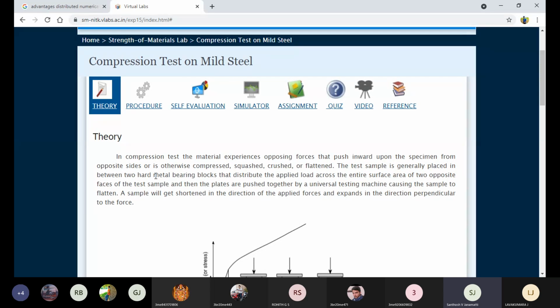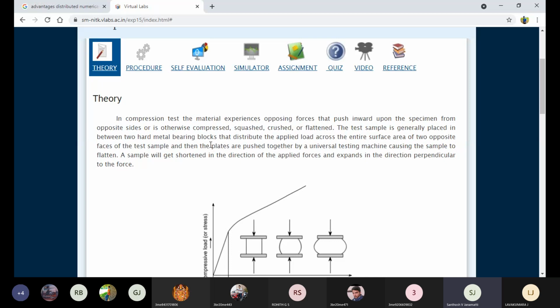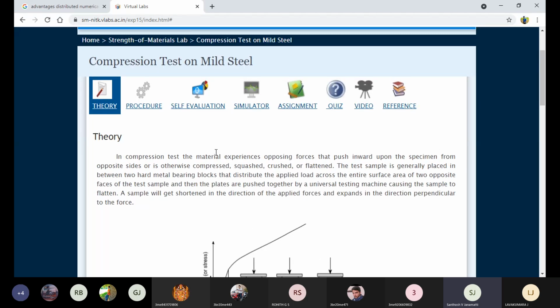Now we will take the compression test for the steel materials. Before going to the procedure and simulations, I would like to discuss with you the theory regarding the compression test. Before that, can you answer this question: what do you mean by compression strength of an engineering material?